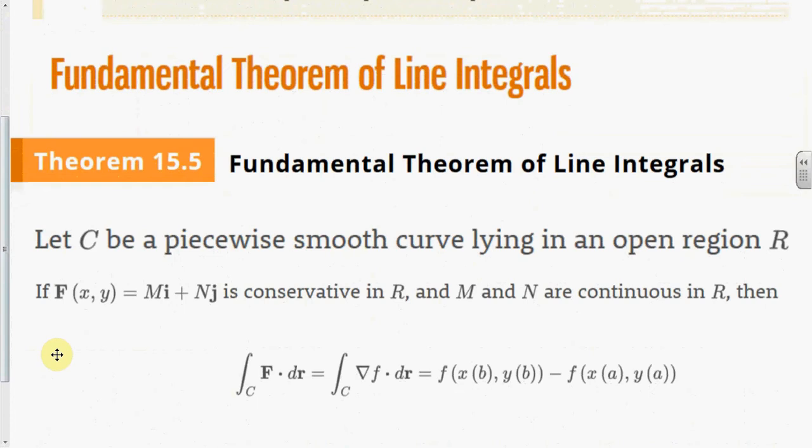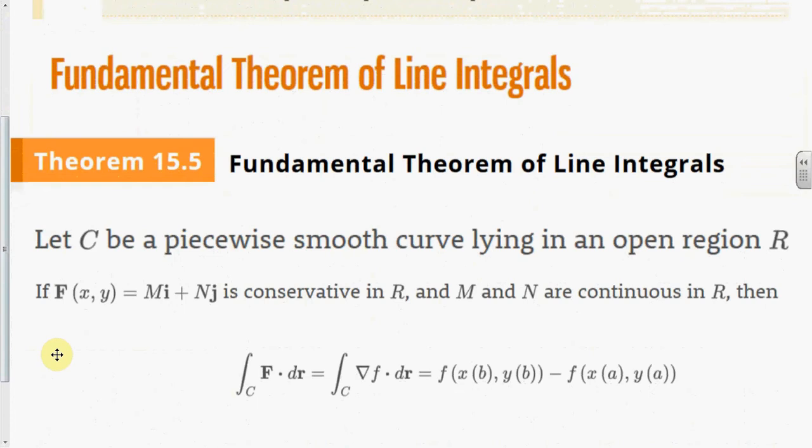There's a part two. What is part two of the fundamental theorem of calculus? It talks about the nature of the derivative and the integral, that they are some type of inverse of each other, right?